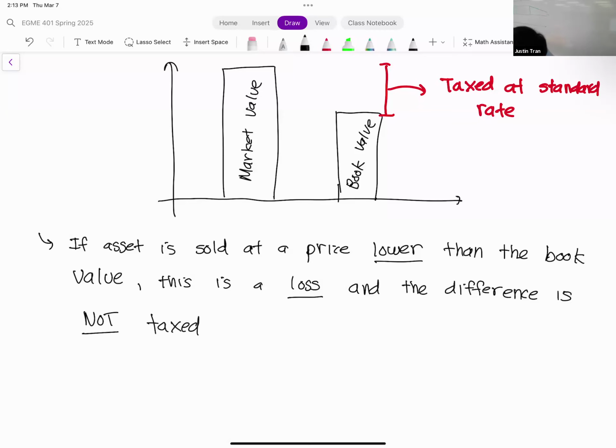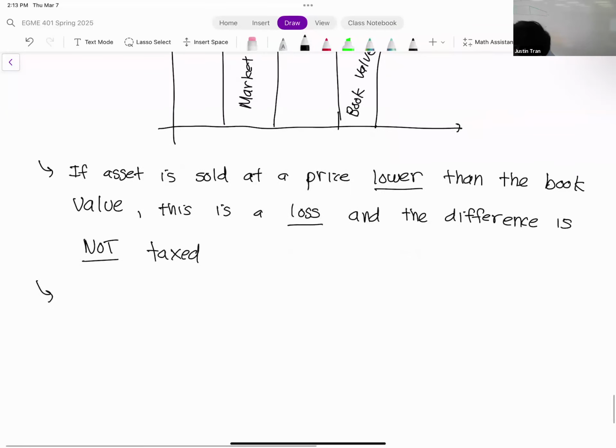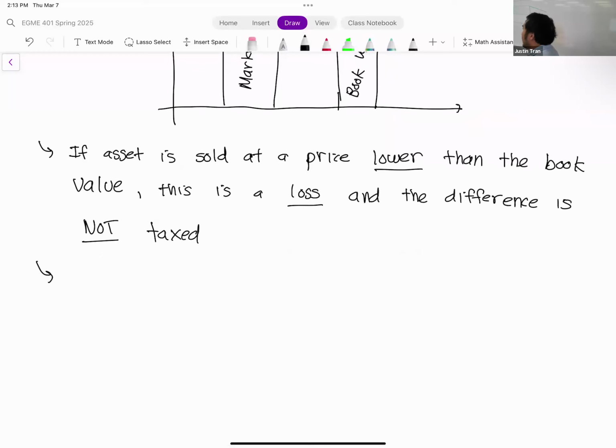Okay. A third kind, which I think is in the news quite a lot, is this idea of capital gains. Okay. So this is very relevant if you're into stock trading, investments and things like that. Okay. And so in capital gains, your asset is sold for more than the book value, but also more than its original cost.